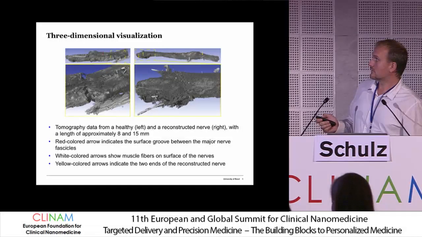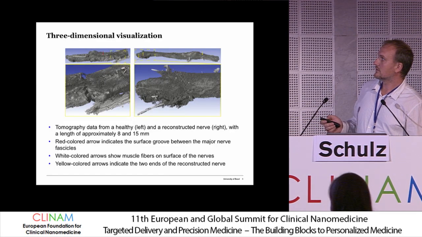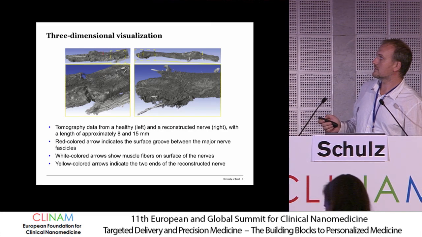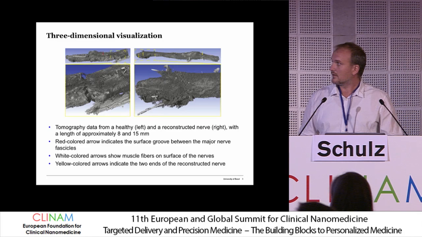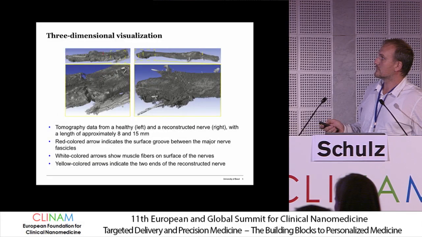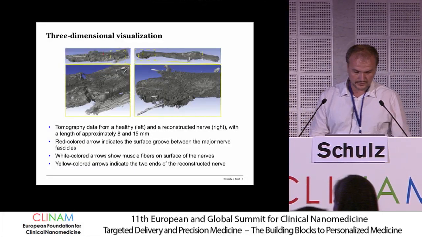The yellow arrows indicate the two ends of the reconstructed nerve. So the nerve conduit was placed here. Here's the healthy nerve, and here's the repaired nerve in this region. Then you have two zoom-ins of these small boxes to get a feeling of the structures visible.